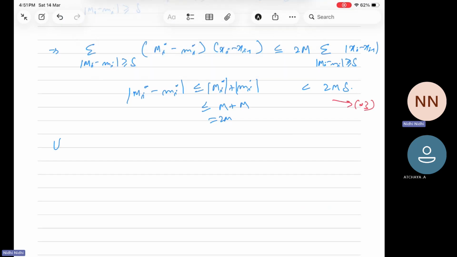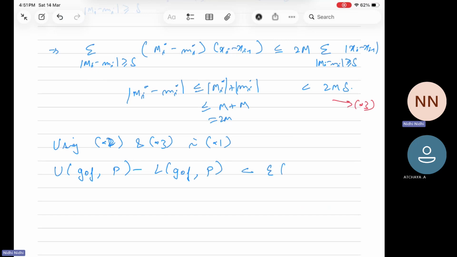So using star 2 and star 3 in star 1, we get U(g∘f, P) minus L(g∘f, P) is less than epsilon times (b minus a) plus 2M delta.